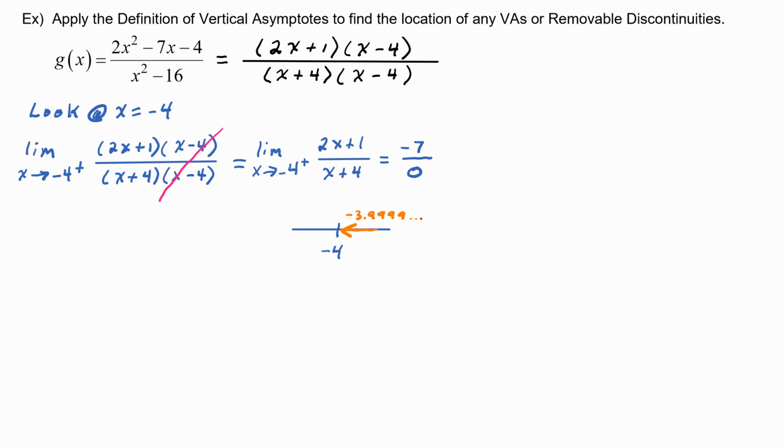And if we were to take that value, and remember, this is just a temporary substitution, plug it in for x, we see that we would get a tiny little positive number. And now we know that a -7 over 0 plus, that's going to go to negative infinity. And because our one-sided limit went to negative infinity, we can say, therefore, x equals -4 is a vertical asymptote.